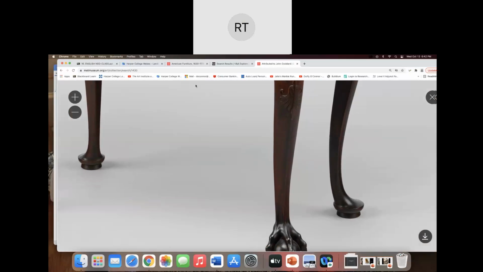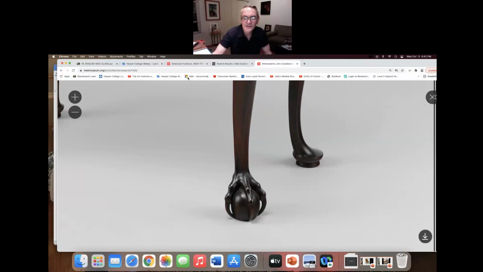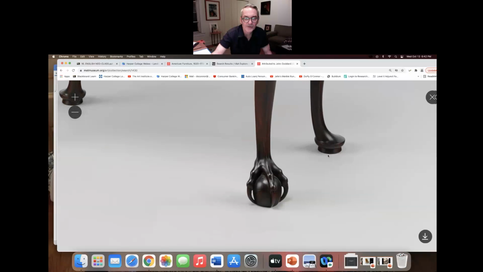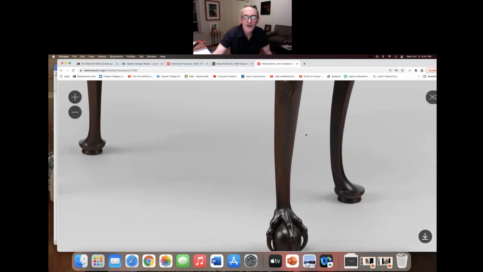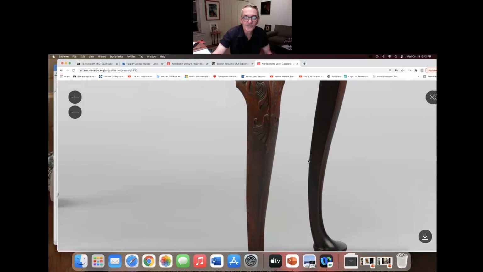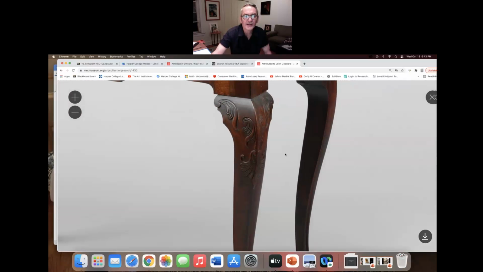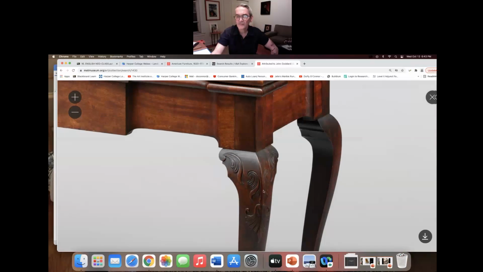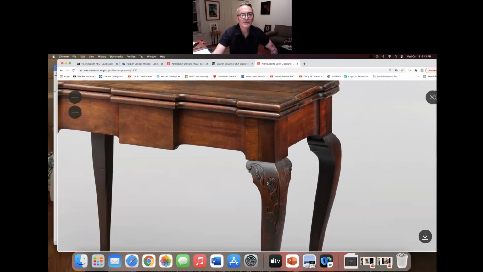And often what was considered to be the back leg was less important. So this is kind of a little pad foot. But that ball and claw, I think, is really quite beautiful. You see this more elaborate take on the shell with, in a way, a little bit like the Rococo alternating C-scroll curves.